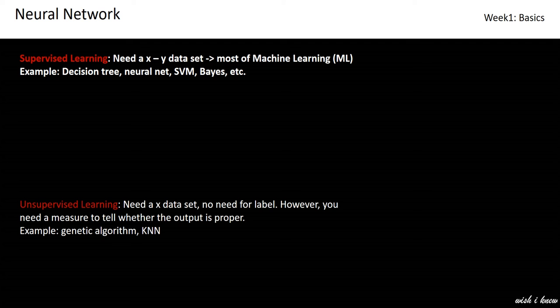Alright, today I'm going to talk about the very basics of the neural network. As a starter, let me talk about some primary types of machine learning, not just neural networks. We can basically talk about supervised learning.